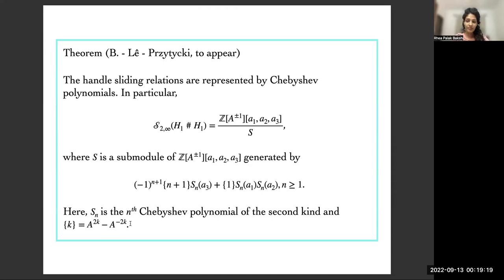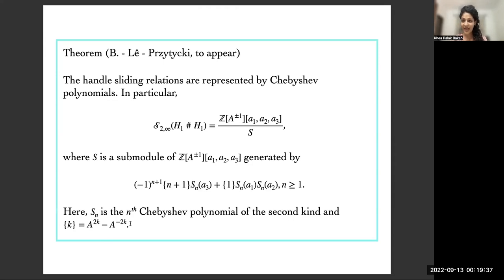So we were able to find this really nice representation of handle sliding relations in the KBSM, and this is sort of reminiscent of the relations that we saw in the KBSM of the connected sum of RP3 with RP3.